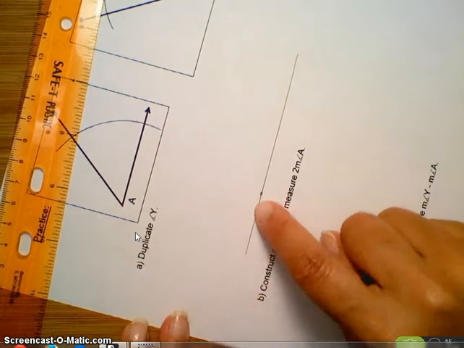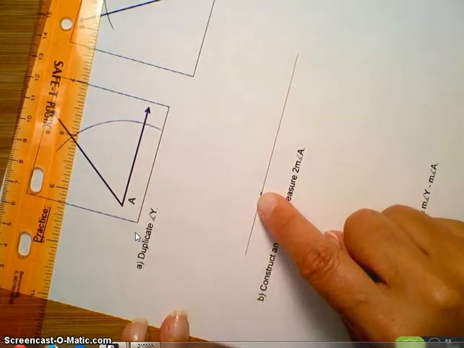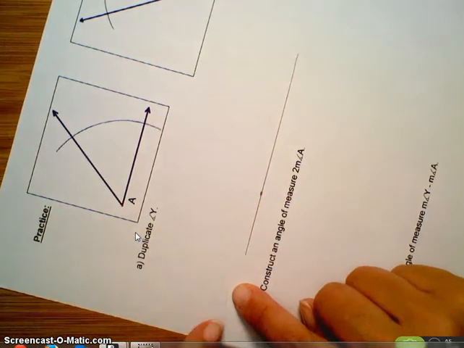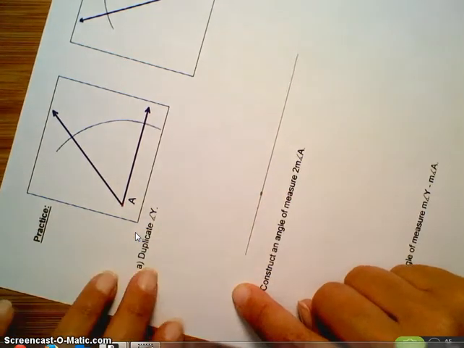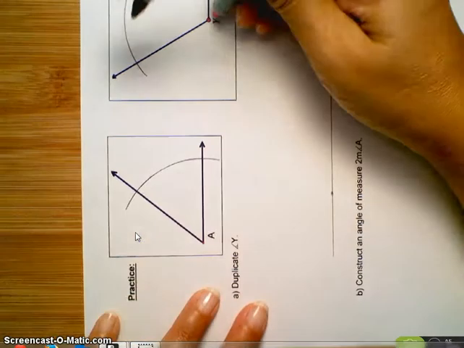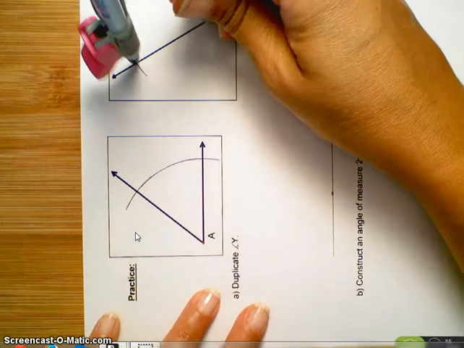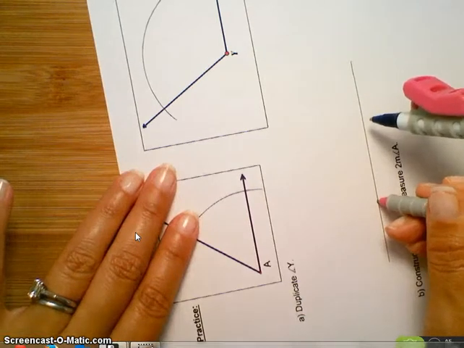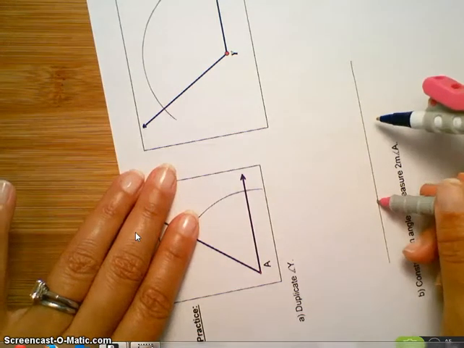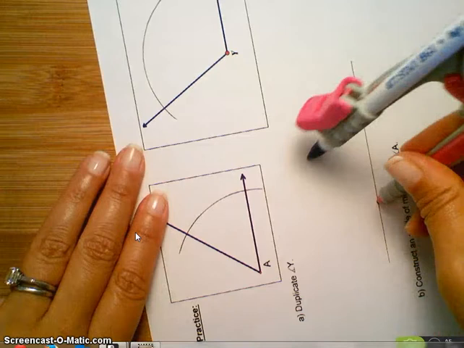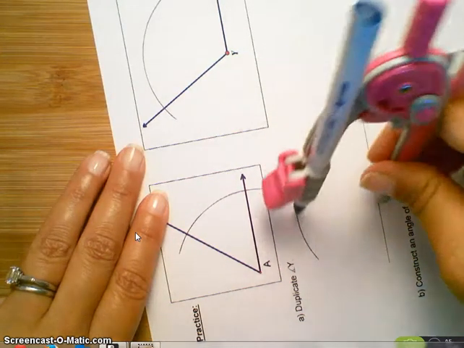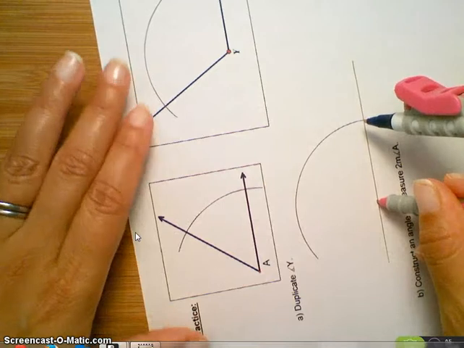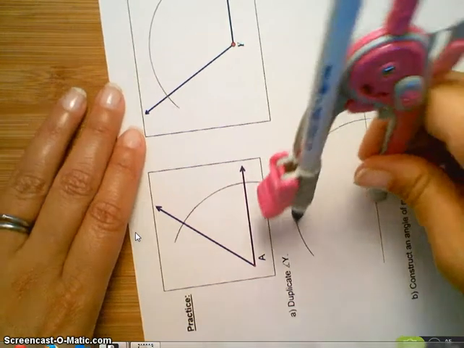I've also moved over a little bit because angle Y is obtuse and I don't want to be too far this way and have it run off the page. So compass is still set for the arc that I created up at the top of the page. I put the pointer on the dot that I made, and draw an arc. Notice I'm making a pretty big arc because angle Y is an obtuse angle. Let's make it a little bit bigger.